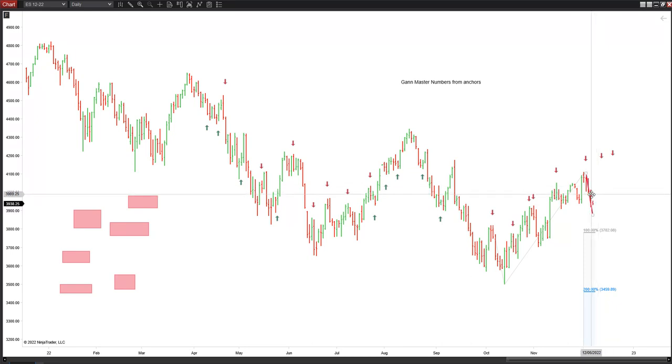So that's one projection. The other one would be the last swing down in front of the low, and that would be this 100% on the fib extension tool. So the potential targets for this swing would be 38.76 and a quarter, sorry, 38.74 and a half, and then 37.82 and a half.